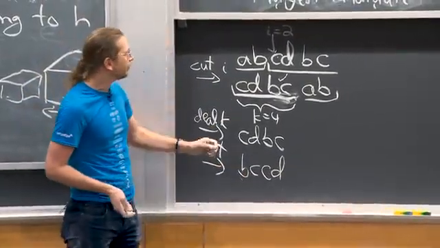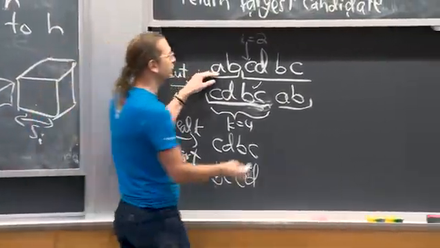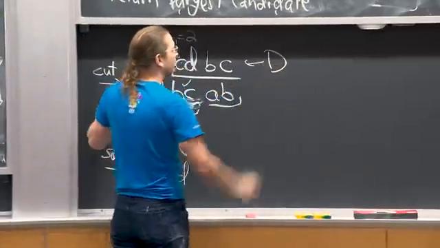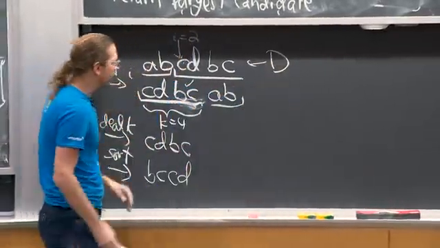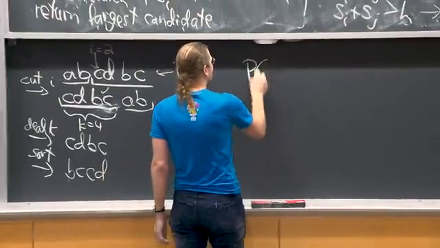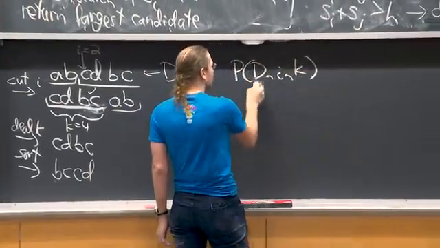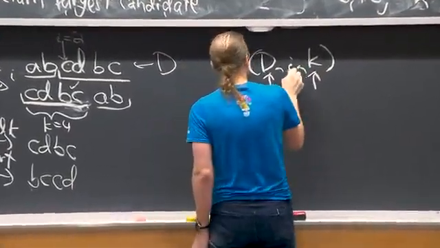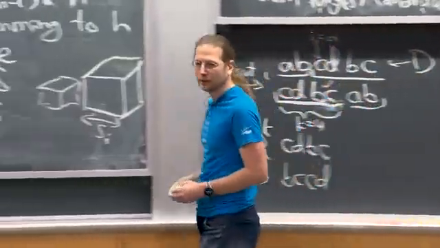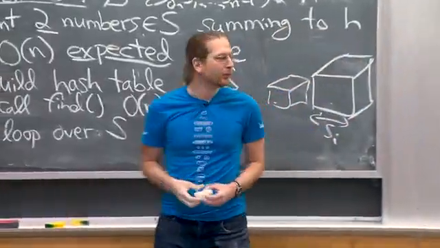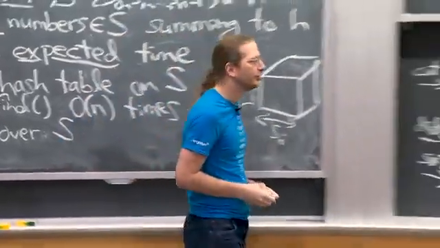So this is a process given a deck. The deck here is fixed. We call this process P of D, comma I, comma K. We're told what D is. We're told what K is. I is chosen randomly. And we'd like to know what happens with different I's.